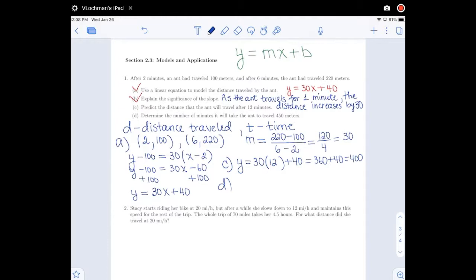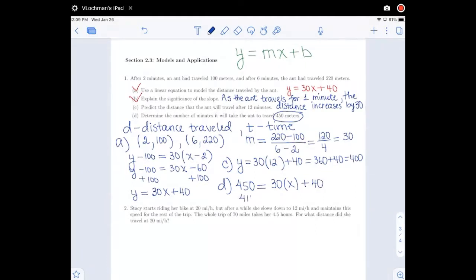What about the last part? Determine the number of minutes it will take the ant to travel 400 meters. So now this is distance, right? So 400 goes here for y, and then here we have 30 times x, x is the unknown now, plus 40. So subtract 40 from each side.